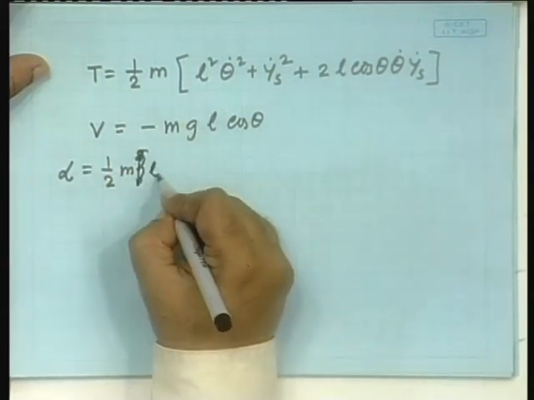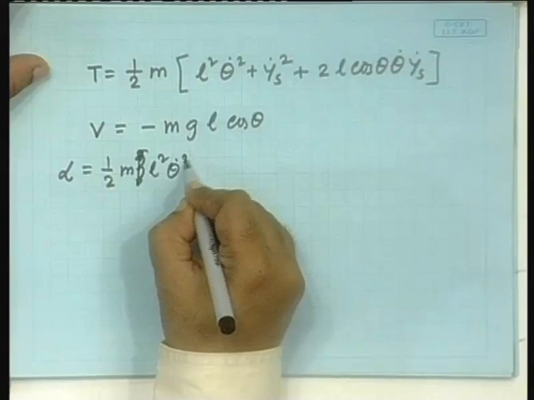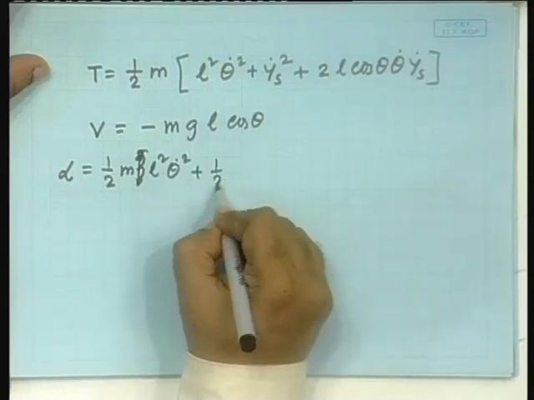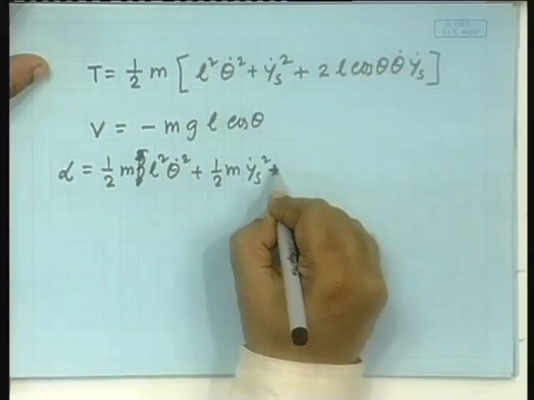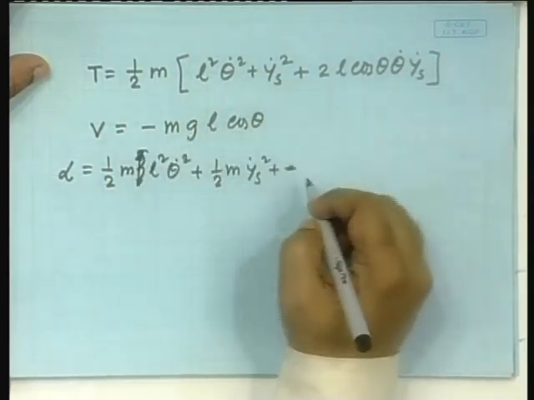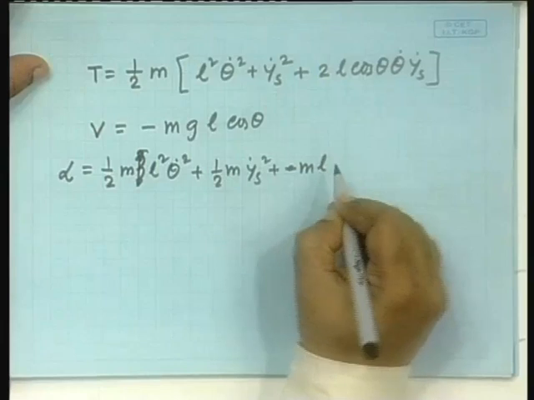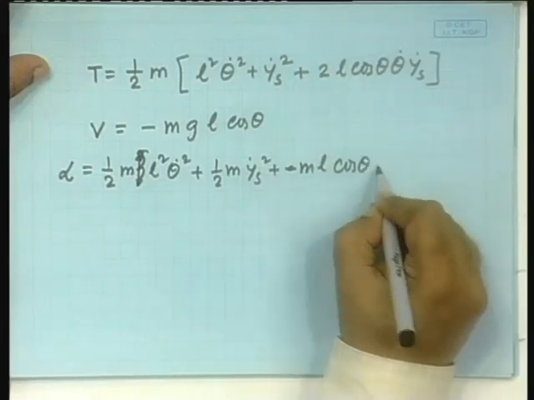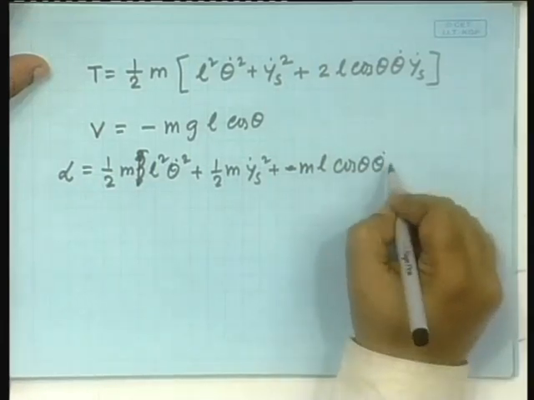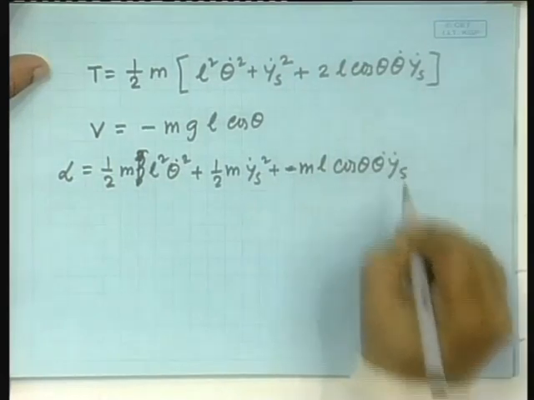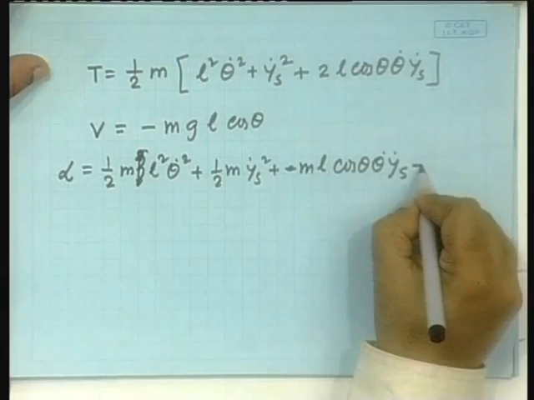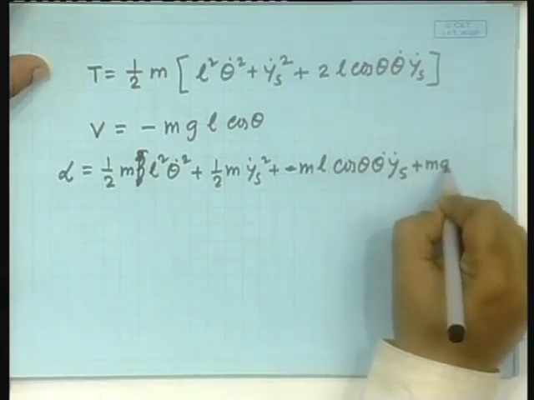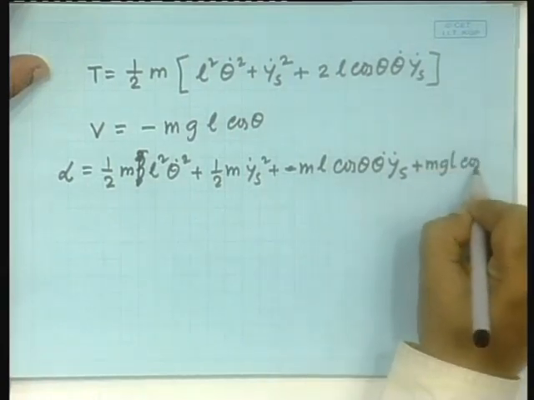Half m L squared theta dot squared plus half m y s dot squared plus, now the 2 and the half cancel, m L cos theta theta dot y s dot, that does it, T minus V. So plus m g l cos theta.